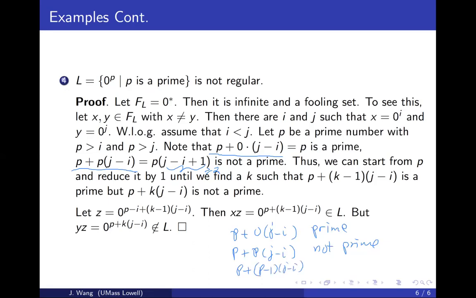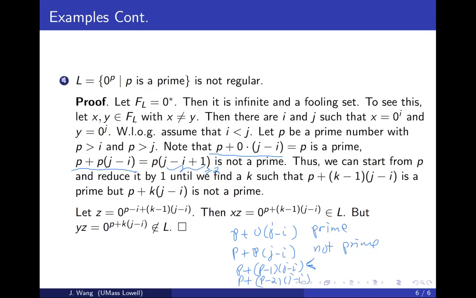Now, it could be just two cases: either it's a prime or not prime. If it's a prime, then I'm going to stop here. If it's not prime, then I'm going to keep doing it and see whether p minus 2 times j minus i plus p is a prime. If it is a prime, then I'm done.